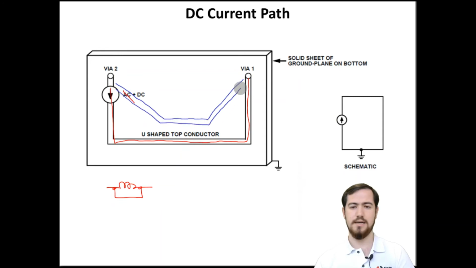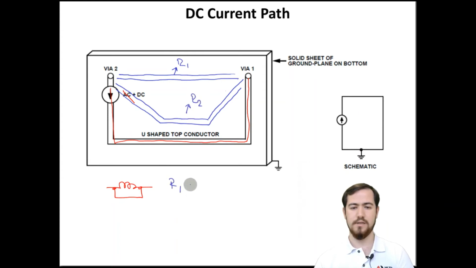and I had put another parallel layout trace such as this one. Where does the DC current flow? The answer is that the DC current should flow in both. However, since this one has lower resistance, let's call it R1, and let's call this one R2.